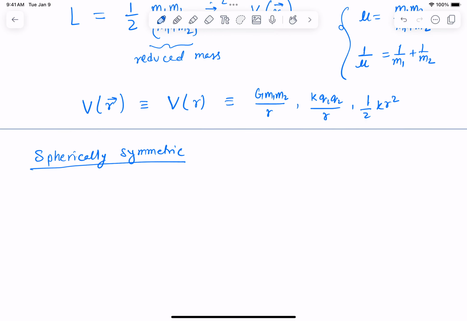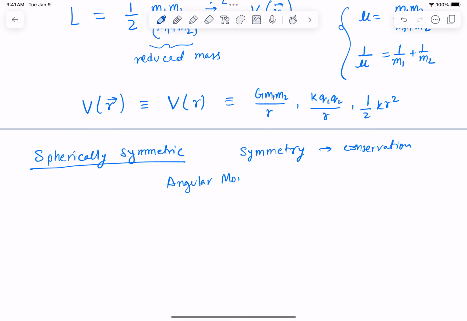this spherical symmetry, as we have studied earlier, leads to conservation, and the quantity which the spherical symmetry gives us here, which is conserved, is the angular momentum.